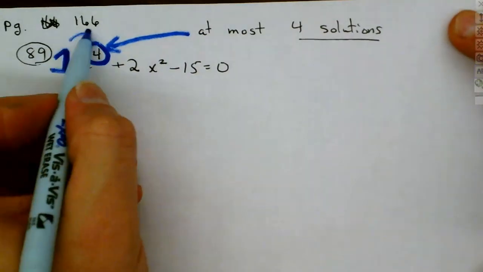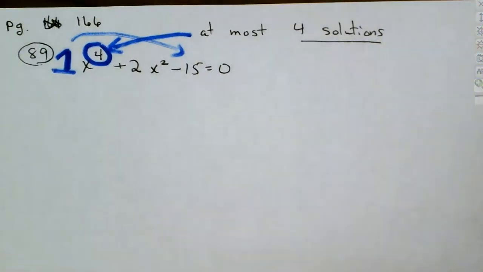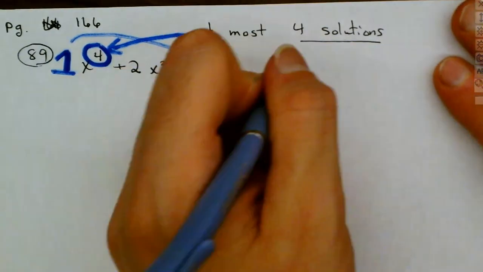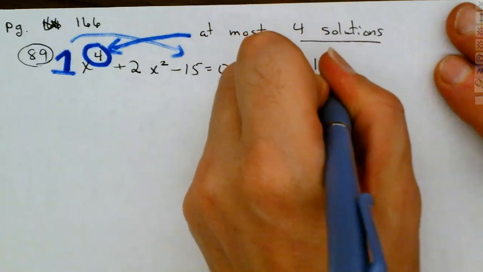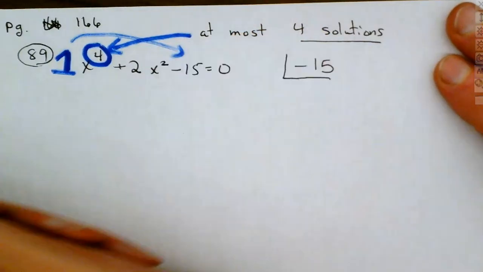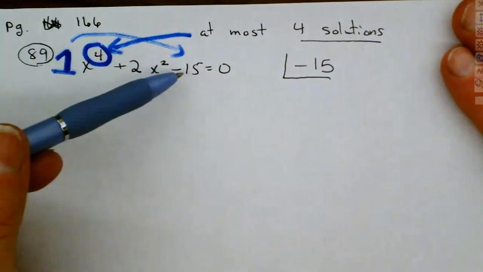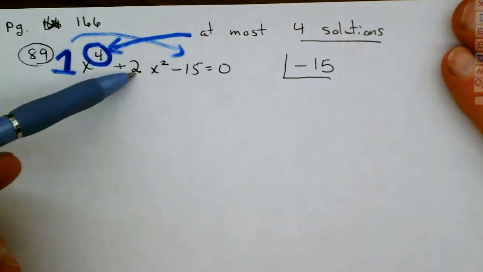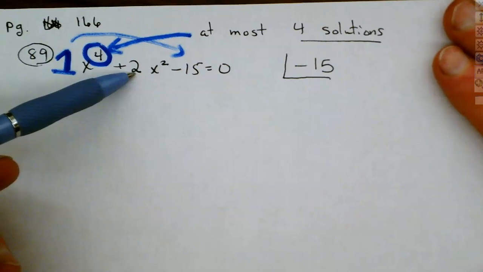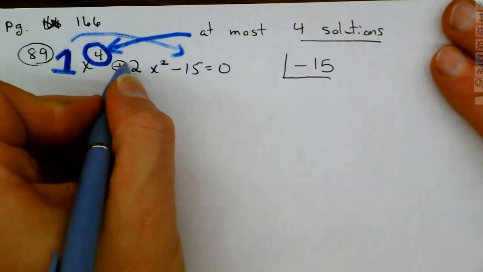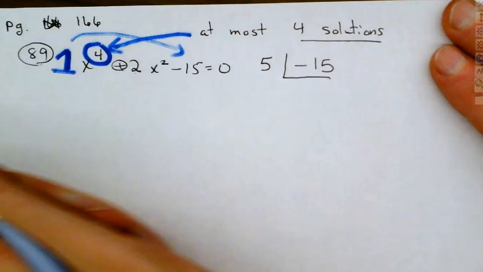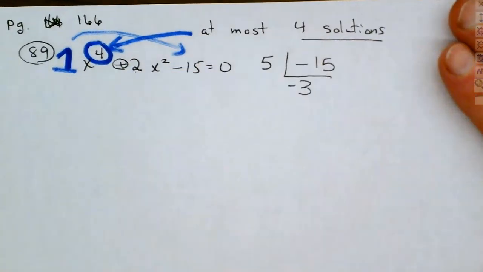And 1 times negative 15 is a negative 15. What 2 numbers multiply together to give you that 15, and subtract from each other to give you that 2? Yep. And the sign in the middle is positive, so we need a positive 5, and we need a negative 3, don't we?